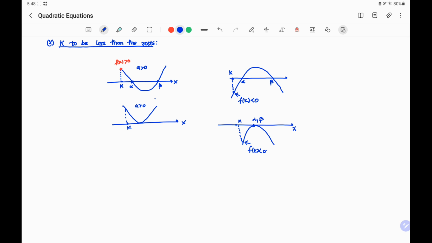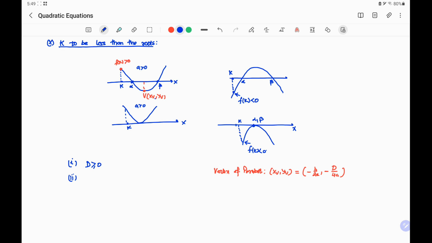So we can find the conditions. Number one, d is greater than or equal to 0. That means the graph may be cutting the x-axis at two distinct points, or it may touch. Second is that k is on the left hand side, and if we see the vertex of the graph, the vertex of the parabola is given by the coordinates xv and yv, where xv is minus b by 2a and yv is minus d by 4a, where d is the discriminant.